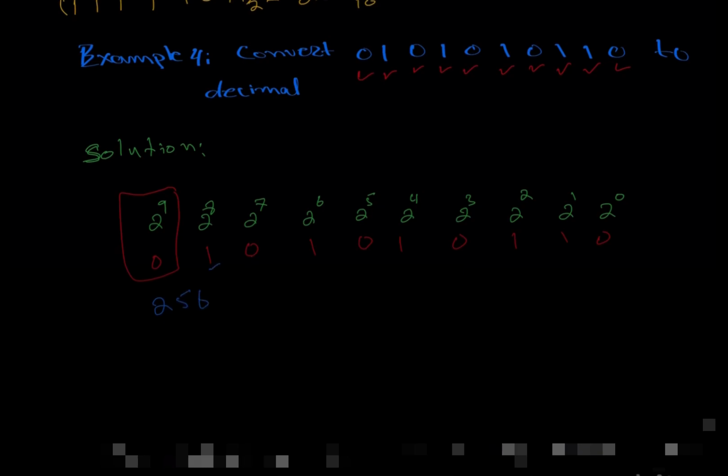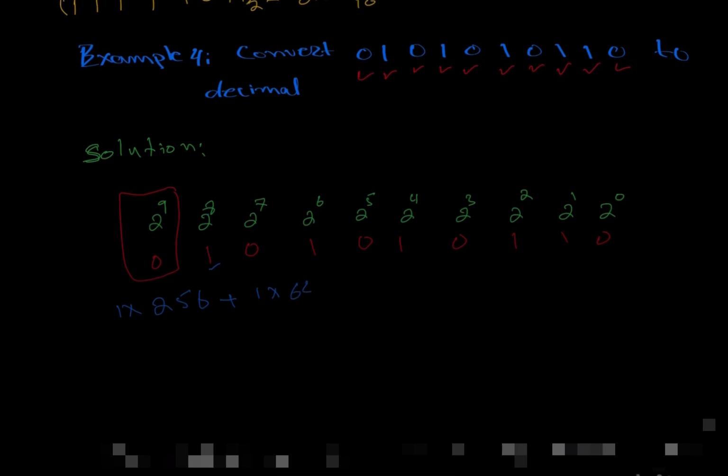That means 1 multiplied by this number will be 1 times 256. That's what we got. 0 times 2 to the 7 is 0, so we can't add that. 1 times 2 to the 6, 2 to the 6 is what? 64. 1 times 2 to the 6 is 64.